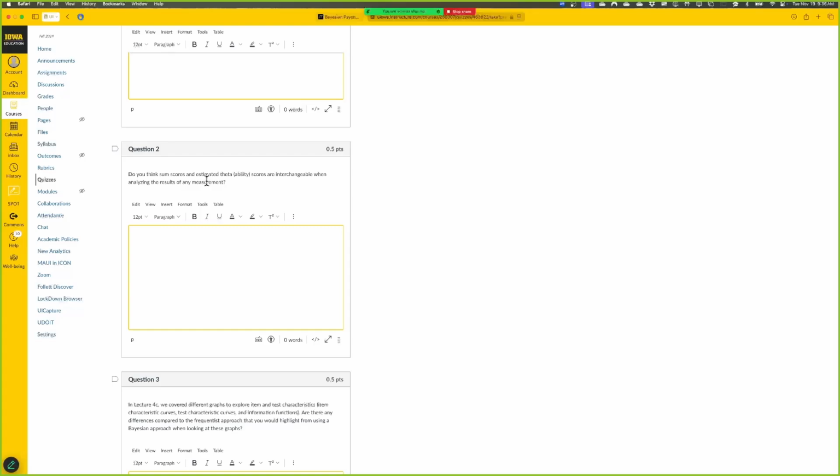But in a latent variable model, our ability doesn't necessarily have to have the same assumption. So what am I talking about here? To have a latent variable correlate perfectly with a sum score, what do you need? You need a CFA model, right? It has to have an identity link function, so you have to be on the data scale, right?